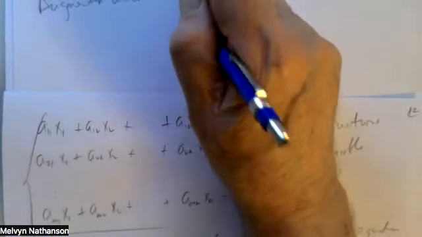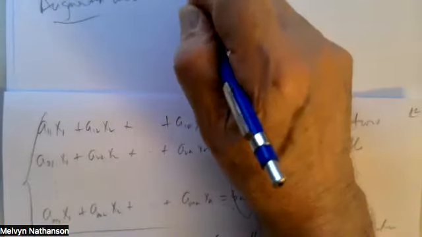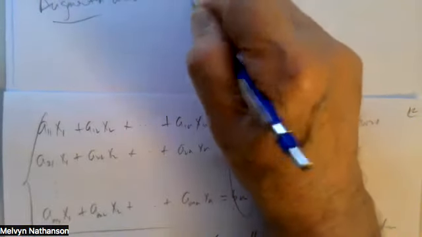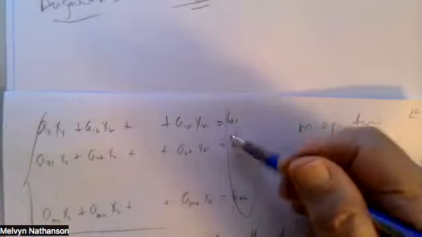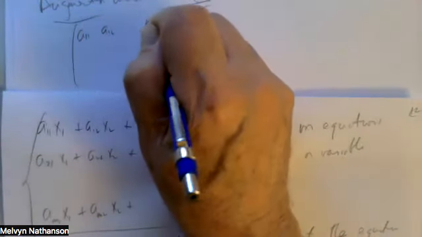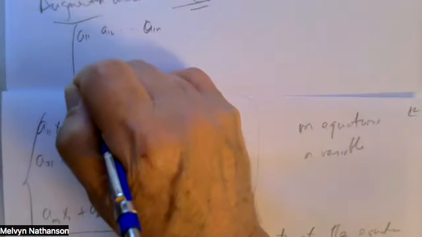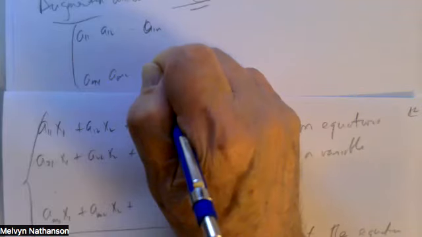The matrix of coefficients had m rows and n columns. In the augmented matrix, we're going to add one column. So instead of m by n, it'll be an m by n plus 1 matrix. The column we add is the b's on the right-hand side. So the augmented matrix corresponding to the system will have a11, a12 up to a1n, down to am1, am2, amn.